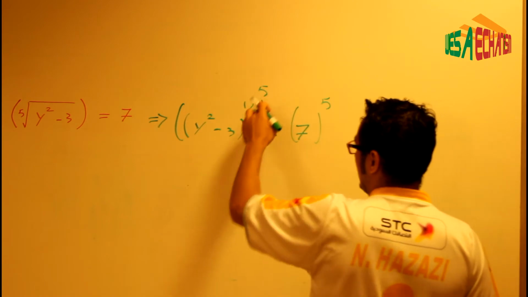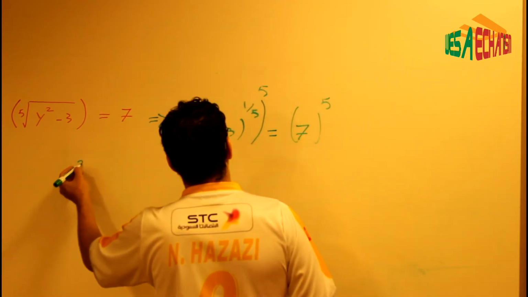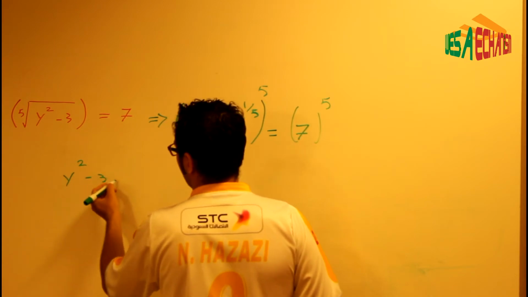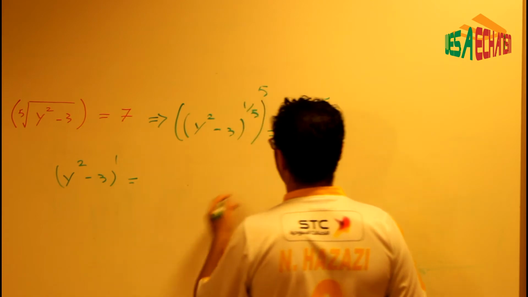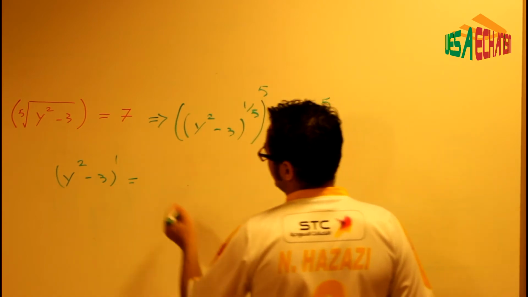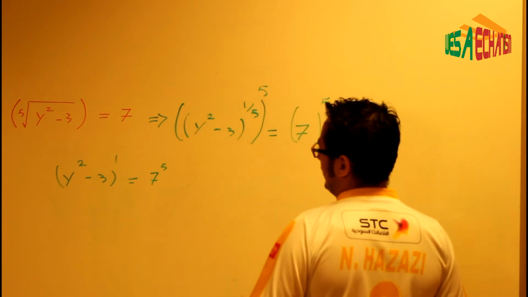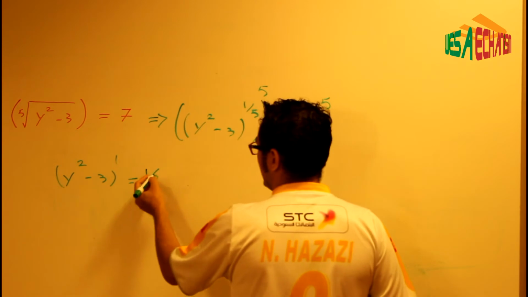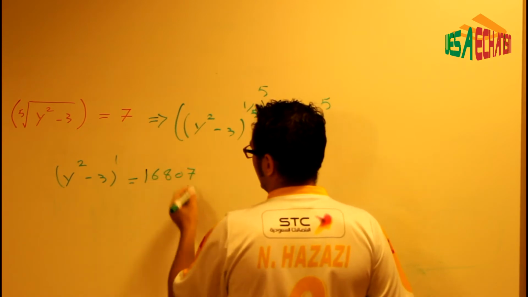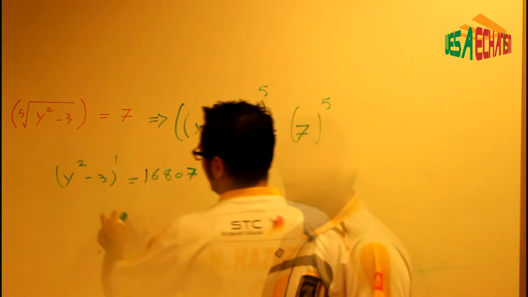If we make this to the power 5, this will be y squared minus 3 to the power 1, and this will be 7 to the power 5. The number, I think it's in the calculator. If you put it, it will give you 168.07. I just put this number in the calculator.